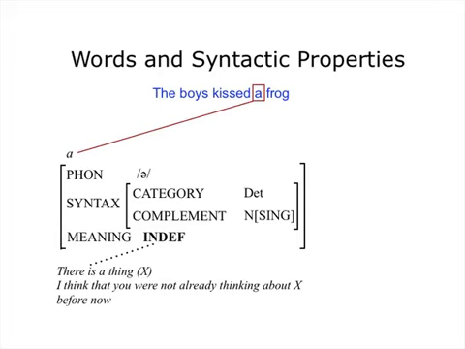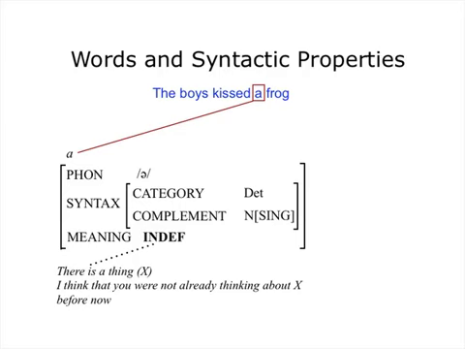And actually a is ambiguous, right? It could have different meanings. Not ambiguous isn't the right word, but polysemous. It can sometimes mean one or another, something like that, right? At other times it means a specific thing that I have in mind, but that has this other, there's something that exists, and I think that you're not already thinking about it now.